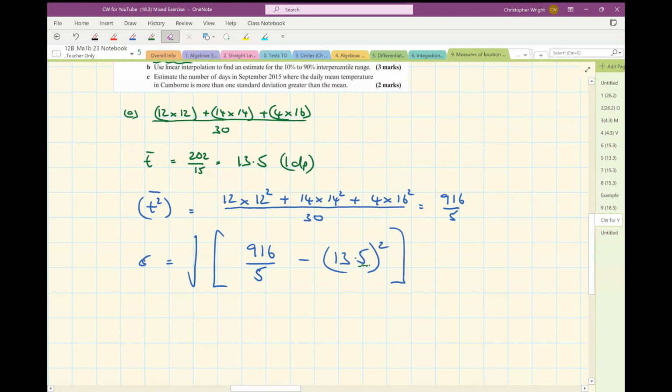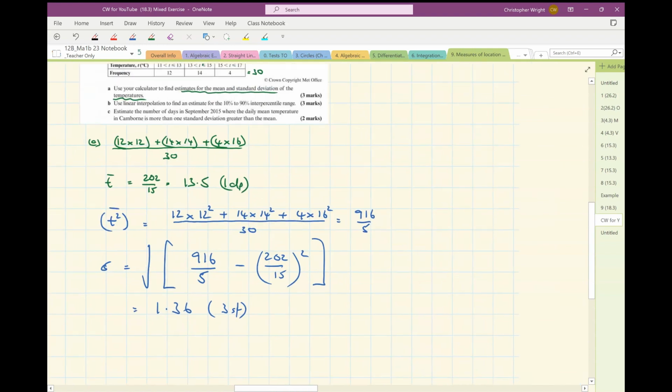So probably best to write 202 over 15 squared. And that gives me an answer of 1.36 if I round that to 3 significant figures. Right, that's part A, estimates for the mean and the standard deviation of the temperatures.